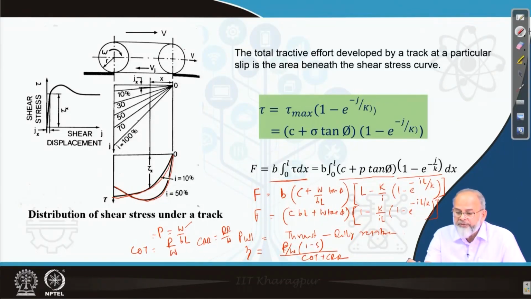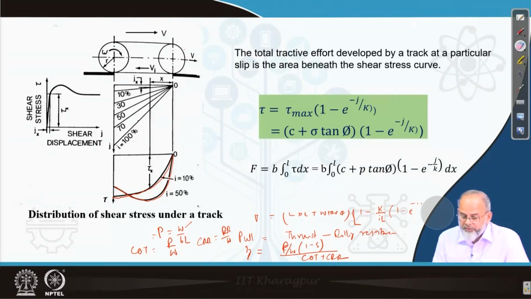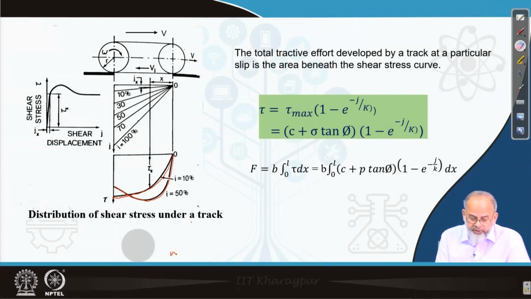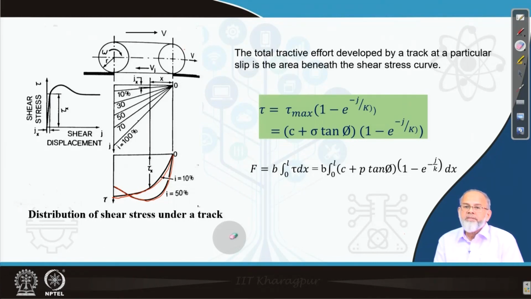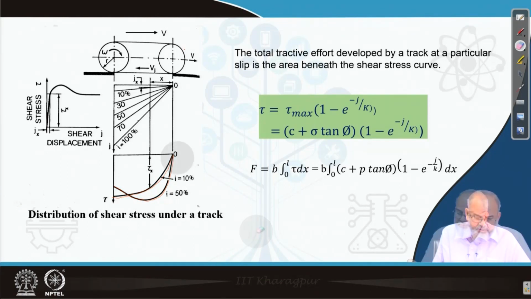So, in design you have to keep this in mind. Whenever you have some area, try to keep more length so that you get more thrust force. And since the contact area will be the same for both cases, rolling resistance will be nearly the same. Only the thrust force will be more, so the ultimate pull will be higher in the case of a lengthy track.